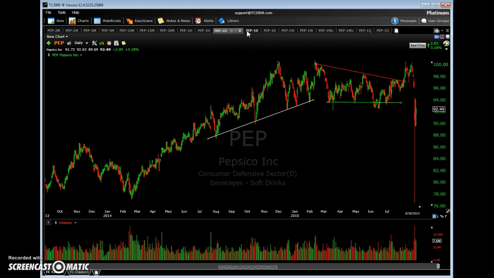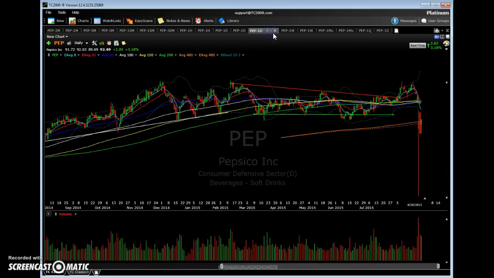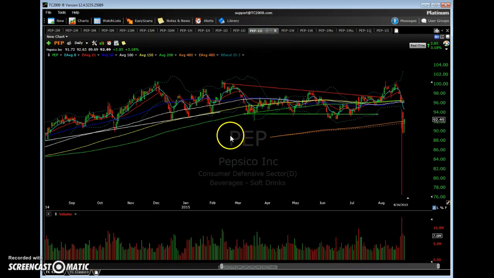And then I have a daily chart up that I look at during the day, sometimes with the Bollinger Bands, sometimes without. And then these are the moving averages that I keep on my chart. So that's the charts that I'm looking at. I might look at a weekly sometimes at night, and the monthly, and some other charts at night for scans.